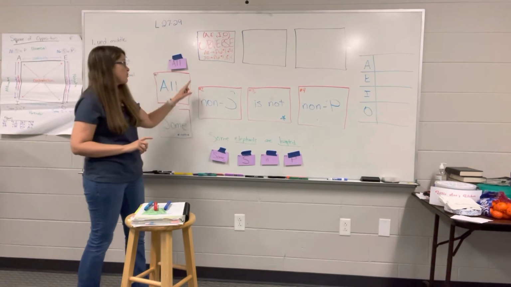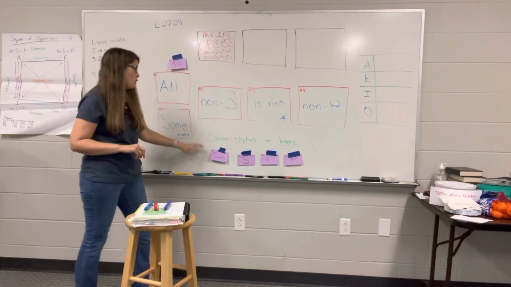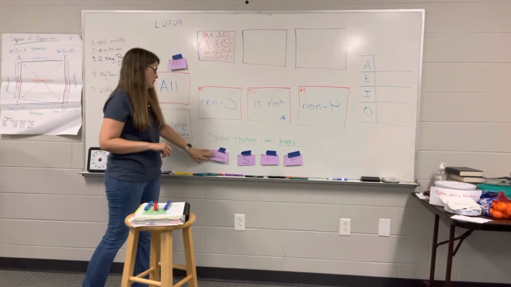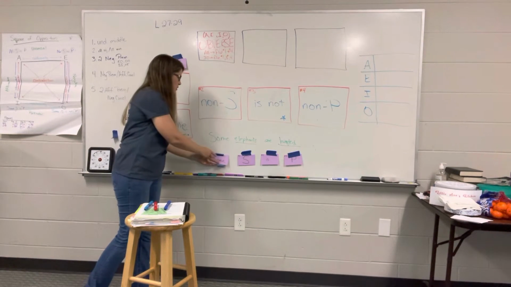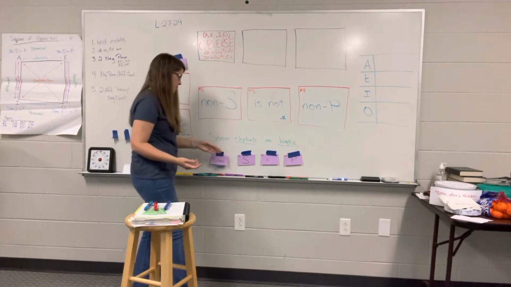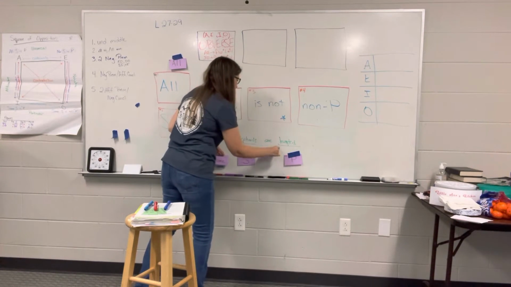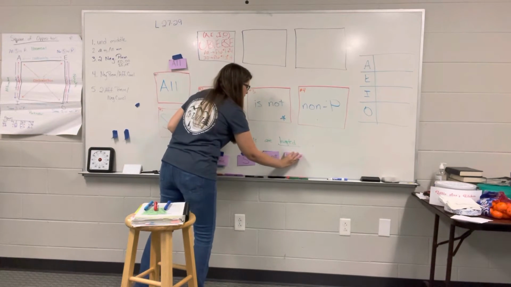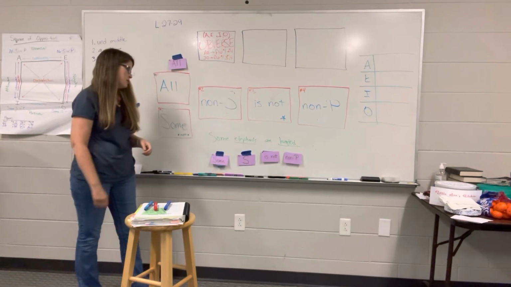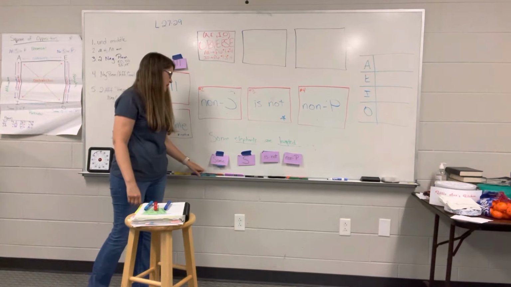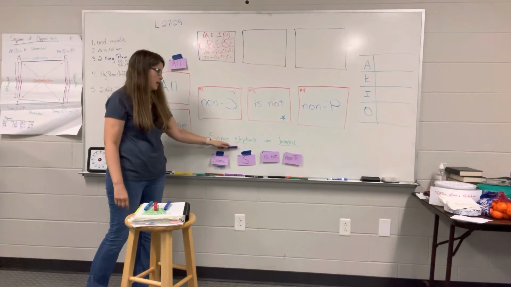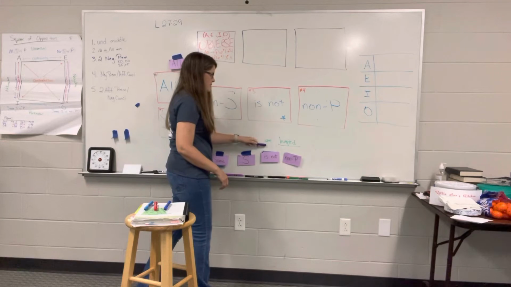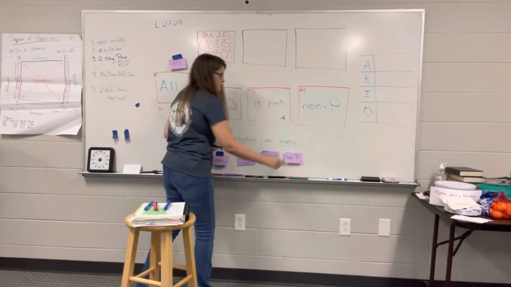Now we're going to flip over 1, 3, and 4 because it's an I statement. So 1 flips back over, 3 becomes is not, and 4 becomes non-P.